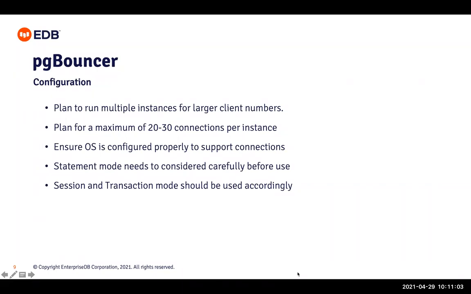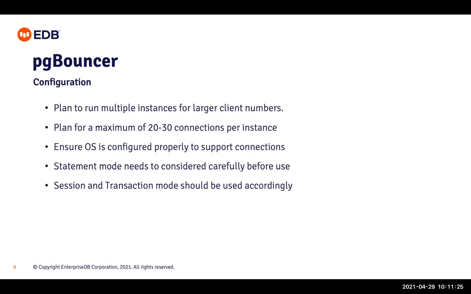Here are some of the configuration advices. If you are dealing with a large number of client connections, please use multiple instances of pgbouncer. Plan for a maximum of 20 or 30 connections per instance. Ensure the OS is configured to support the number of connections.